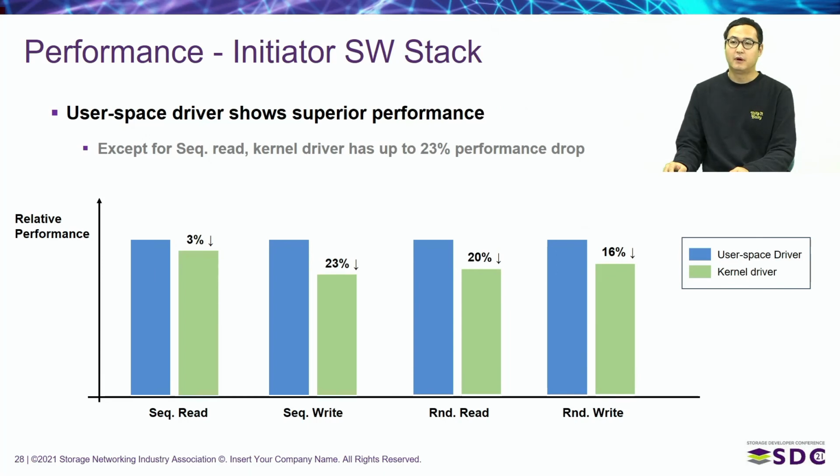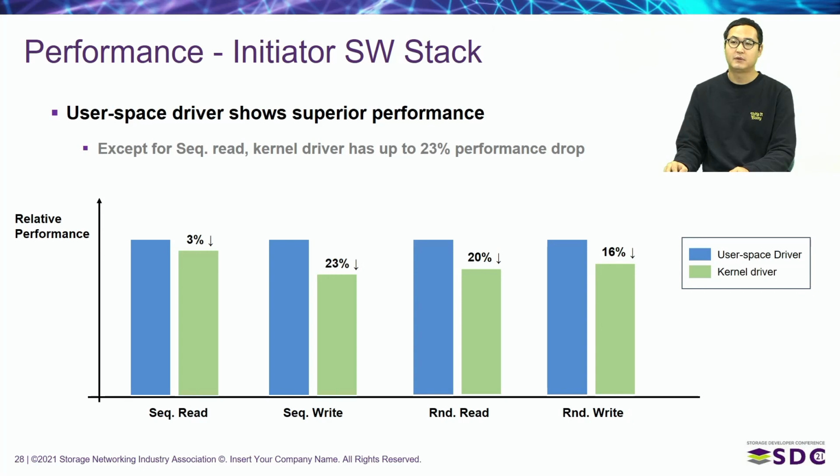I'd like to move on to the next result. According to our observation, the initiator software stack matters to fully exploit NVMe-oF performance. This graph shows the relative performance between the user space driver and the kernel driver on the initiator side. Fortunately, in case of sequential read, both user space and kernel drivers can achieve max performance.